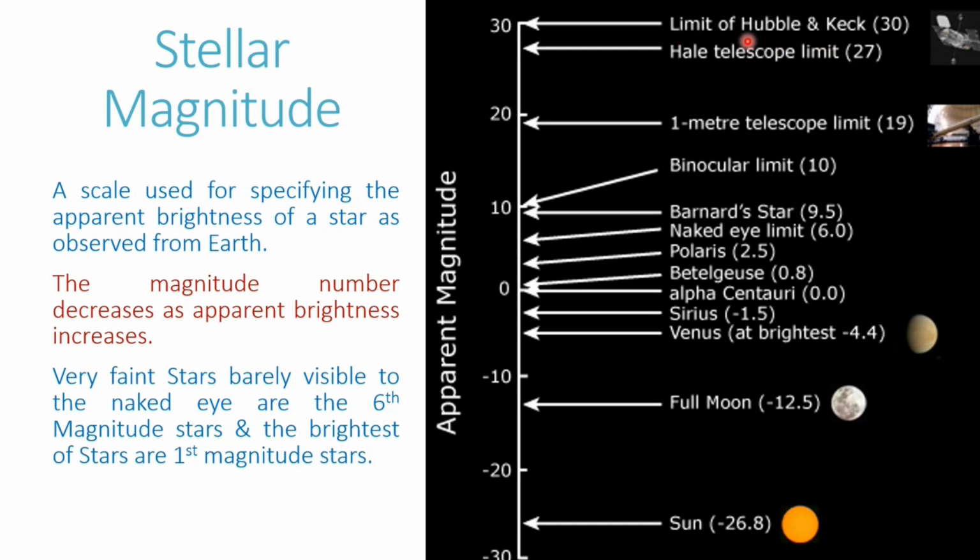And the most powerful telescopes which we have, the Hubble telescope and the Keck telescope, can help you to see celestial objects with a stellar magnitude of 30. So this is a diagram giving us a comparison of the brightness as well as the stellar magnitude of different celestial bodies.